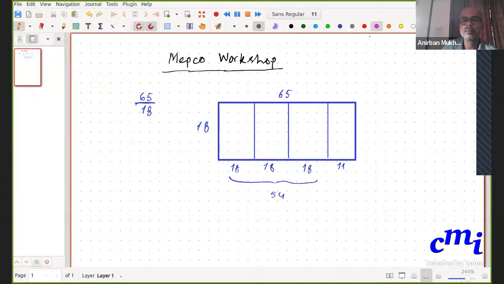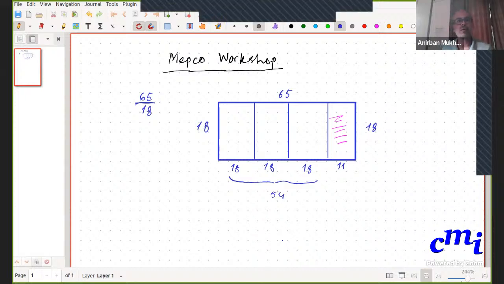The part here is 18 cross 11. So this is what the remaining part is. We have covered the rest.